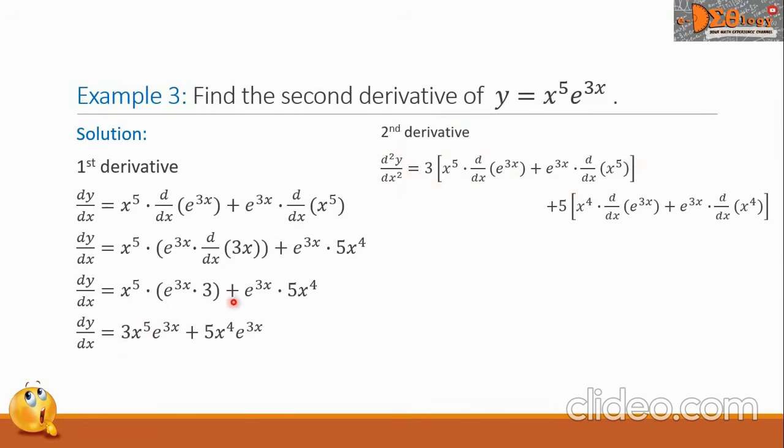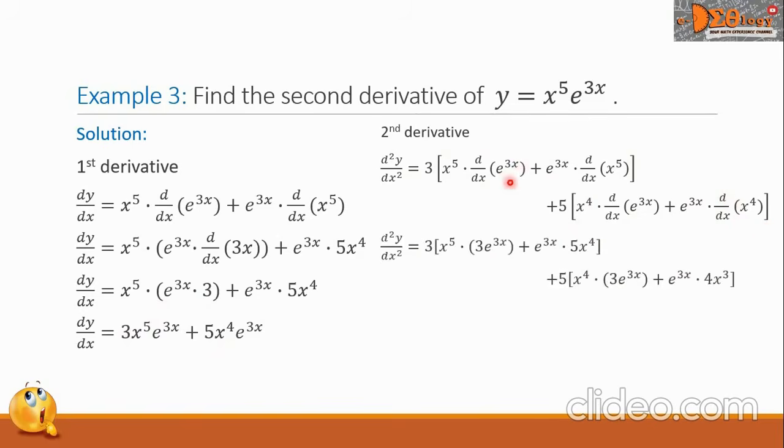Plus the derivative of this. So we write here the constant 5 outside and then x raised to 4 times derivative of e raised to 3x plus e raised to 3x times derivative of x raised to 4. Let us now take the derivative respectively.